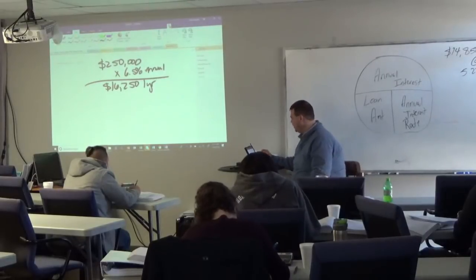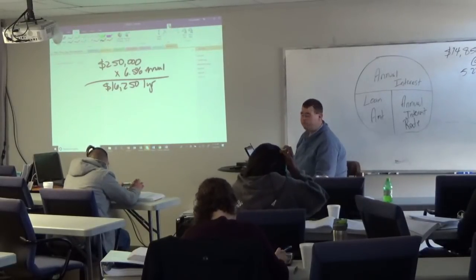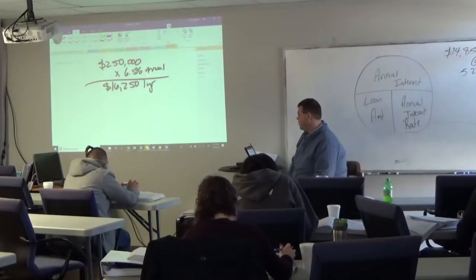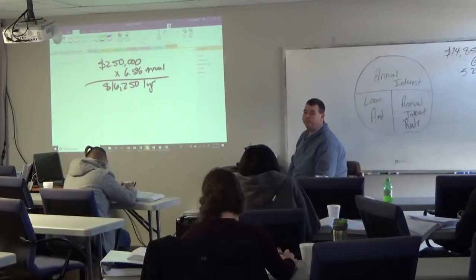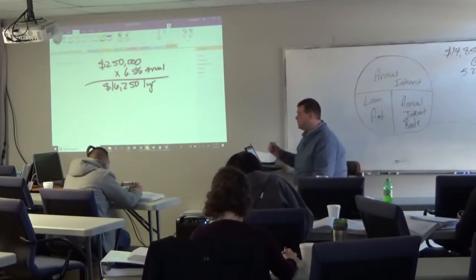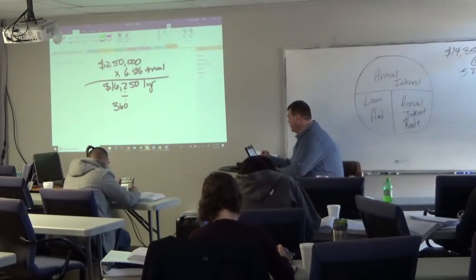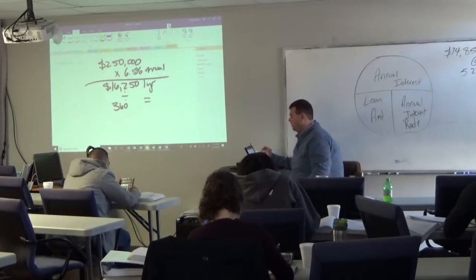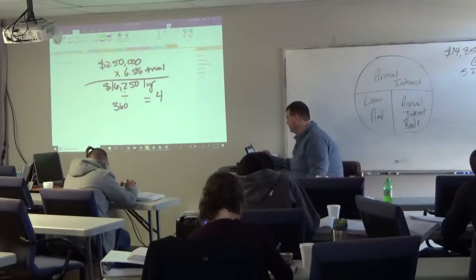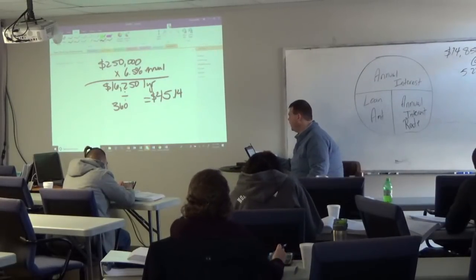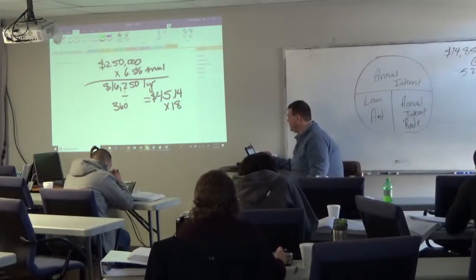Does everybody agree with that? What are we going to do with that number? Divided by 360 because I don't need yearly interest, I need daily interest. So when I divide that by 360, $45.14, I like that number, times 18 days, correct?